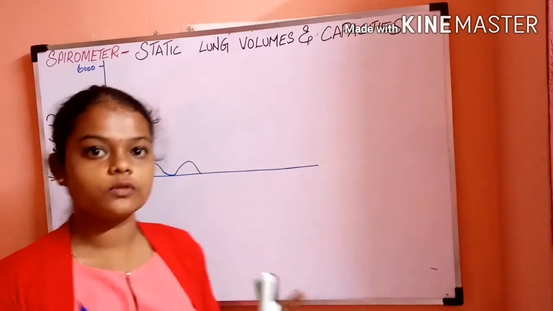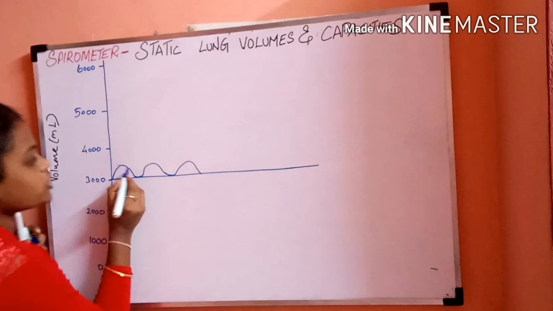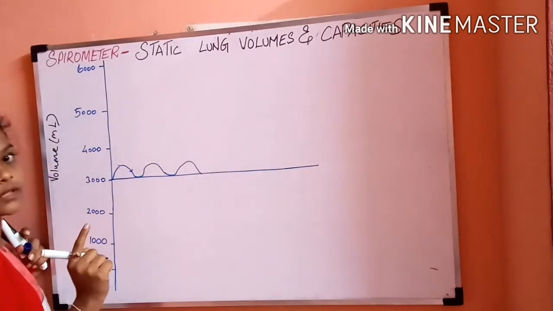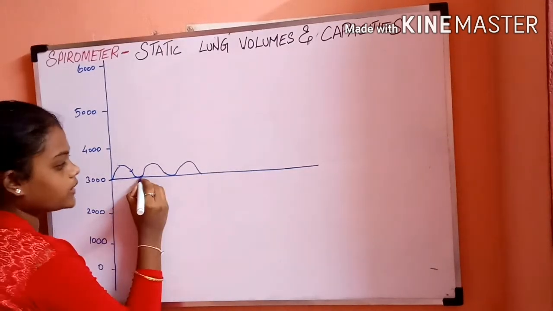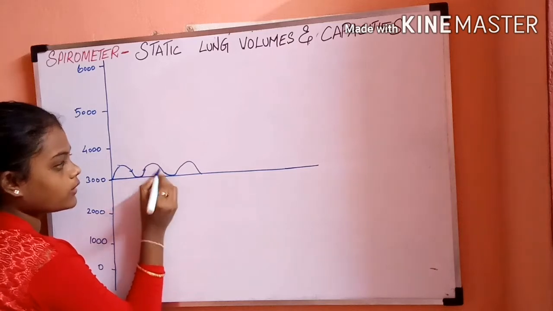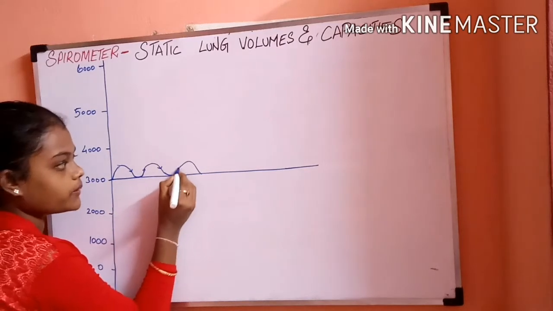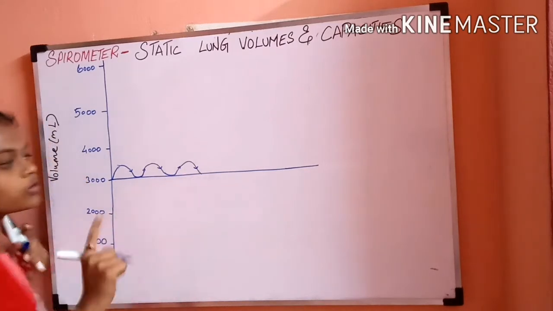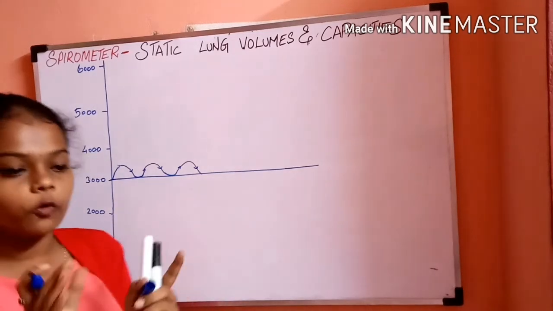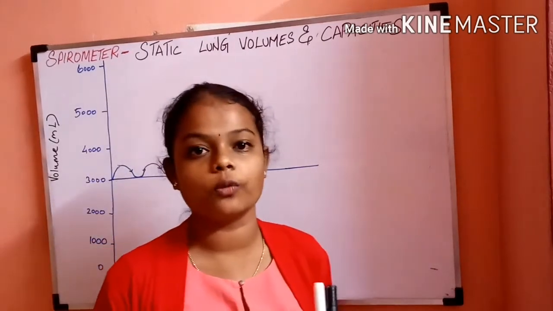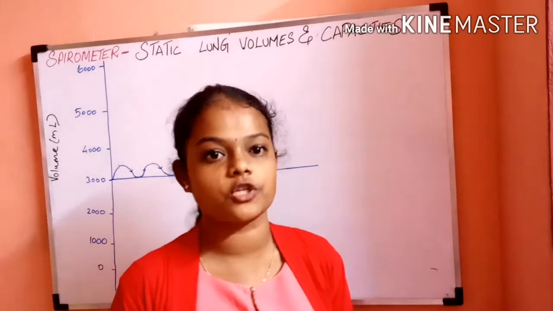So this is the expiration. Inspiration, expiration, inspiration, expiration. So normally நம்ம breathe பண்றப்போ இருக்கிற volume பேர் தான் tidal volume. Normal breathing, quiet respiration தான் tidal volume.